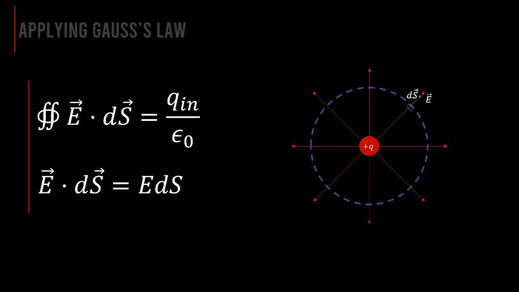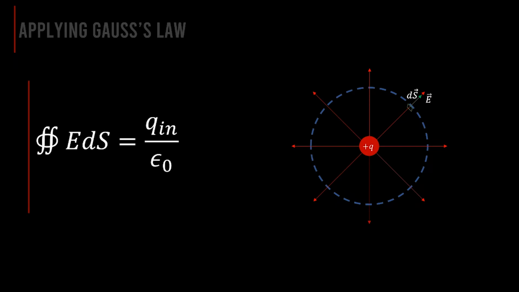And this is a really nice thing for us to have because it allows us to reduce this from the integral of E vector dot ds vector to just the integral of E times ds. But we can go a step further here by saying that the electric field has the same value at every point on the surface.